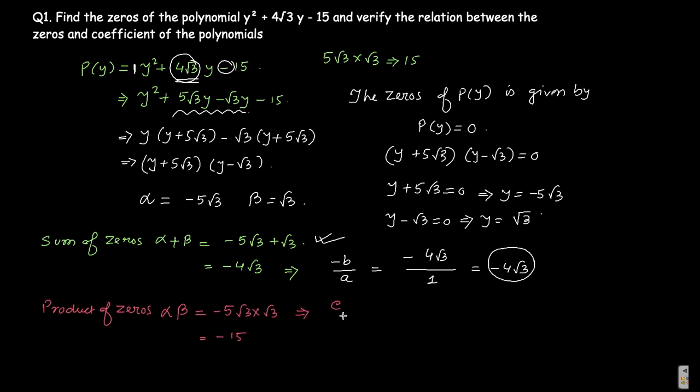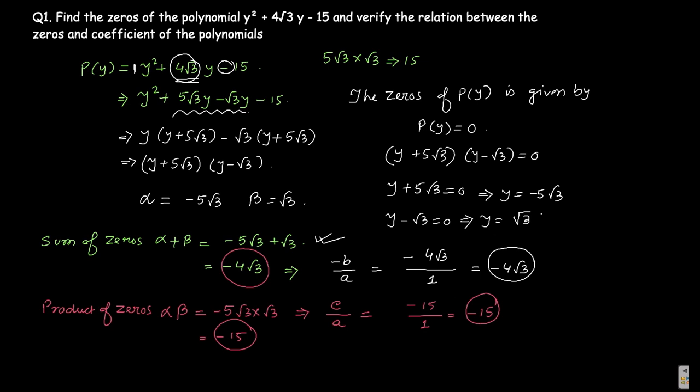It is the constant term by the coefficient of x square, that is c/a. What is c over here? c is −15. What is the coefficient of y square? It is 1, so it becomes −15. So this satisfies the product, and −4√3 and −4√3 is satisfied by the sum of the zeros. I hope you understand this.